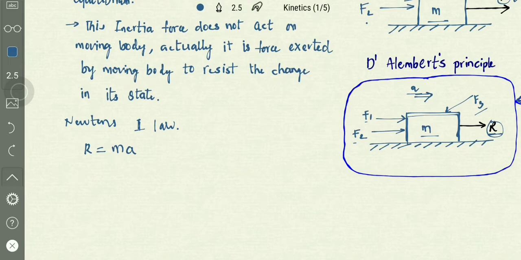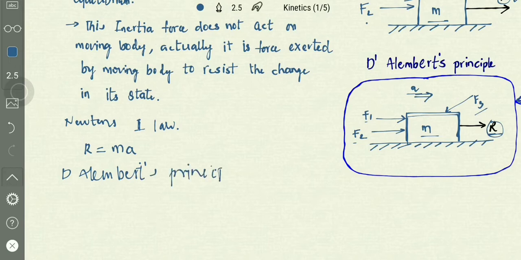So according to D'Alembert's principle, if R is the resultant and the inertia force is ma, which is in the opposite direction to the direction of application of the resultant, the sum will be equal to 0 since this is in dynamic equilibrium.